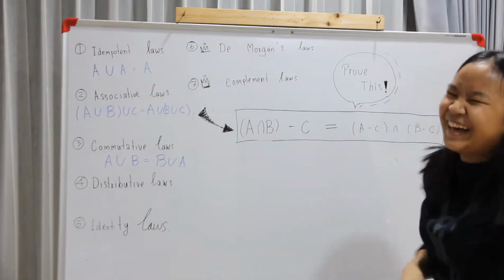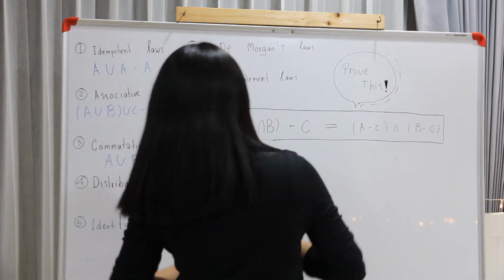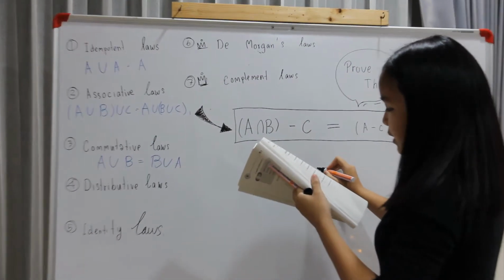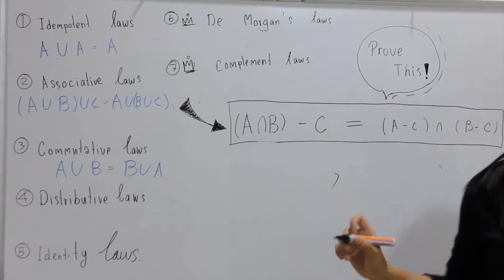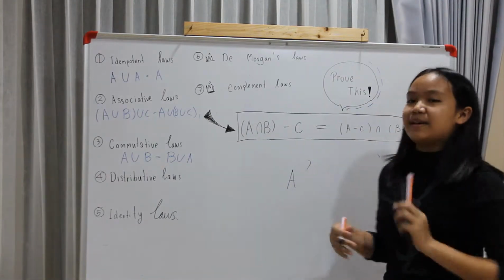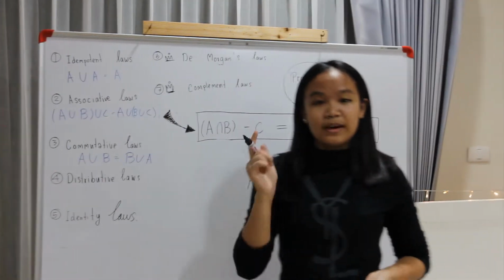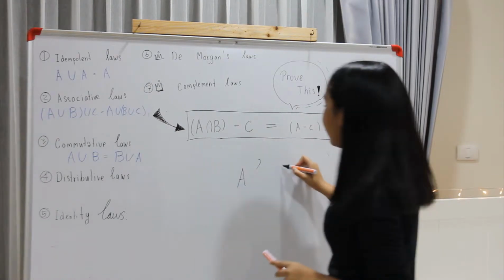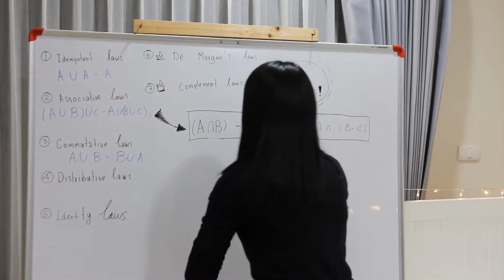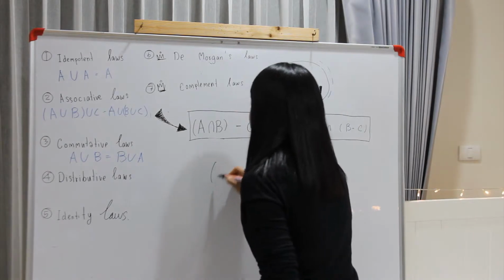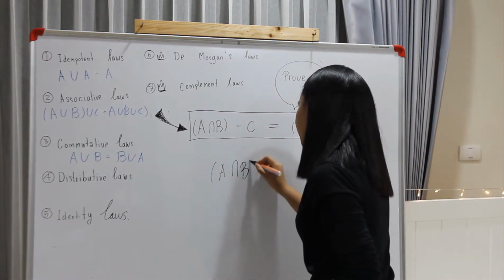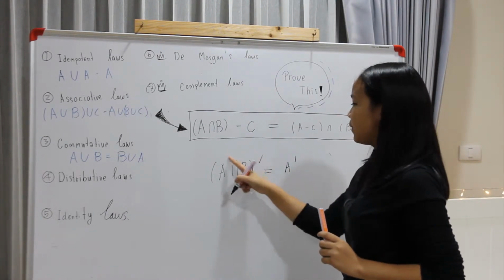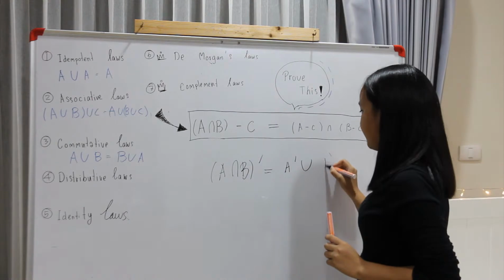What De Morgan's law means is that, this one is hard because it will be using the complement. Okay, when I say A complement, it means I want anything except A. When I say B complement, I want anything except B. So, when set A intersect B and complement, this is equal to A prime union B prime.